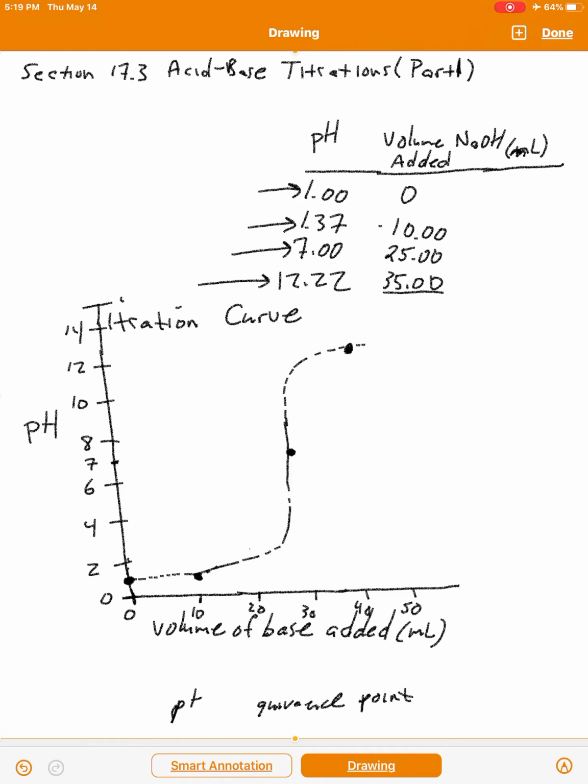And it'll have an asymptote at pH 13, because the highest concentration that it could ever be would be 0.1 molar because the sodium hydroxide was 0.1 molar.